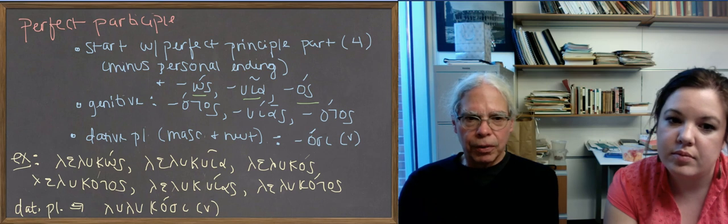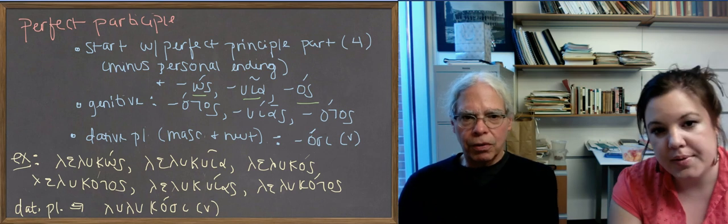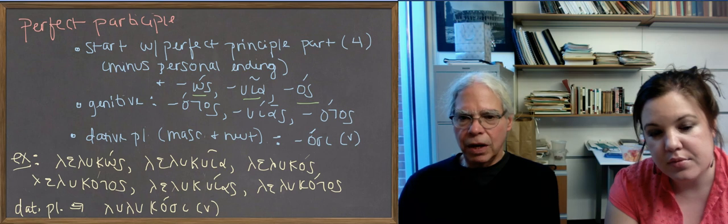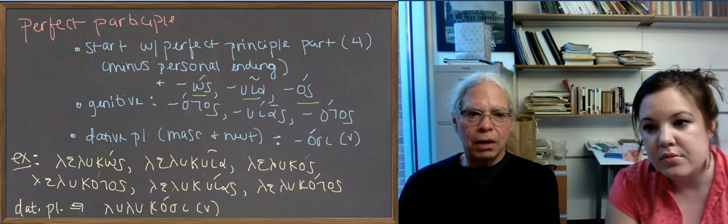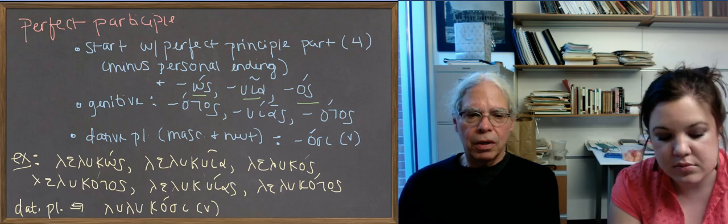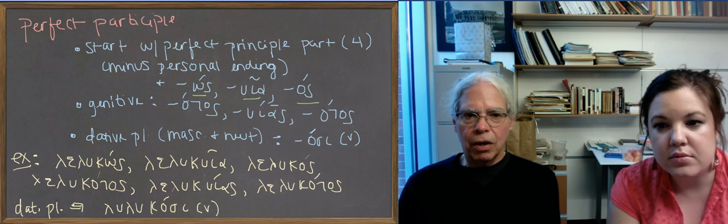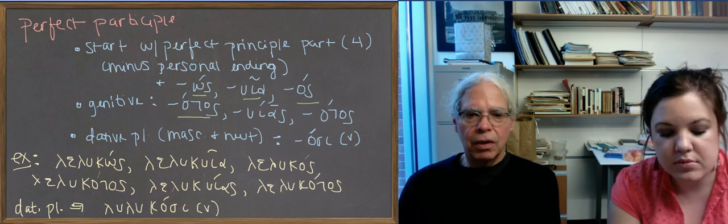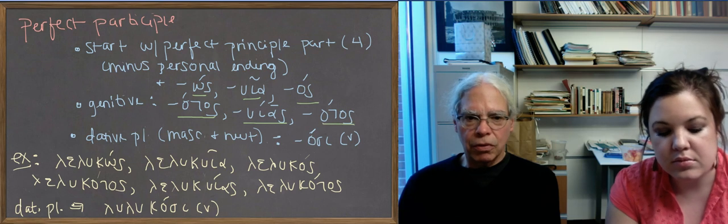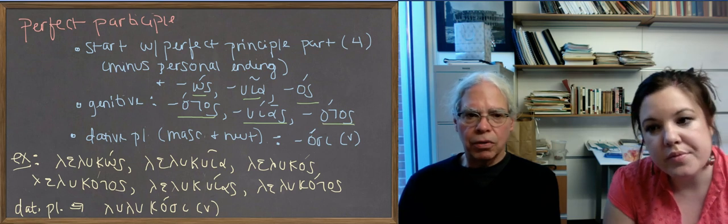So the os and the os, however, are third declension endings, but instead of having the nt ending that you see in on, ousa, on, you have an ot ending, which is what gives us the os in the nominative instead of the on. So we've got otos is the genitive, uias the feminine genitive, otos is the masculine, uias is the feminine, and then otos again is the neuter form.